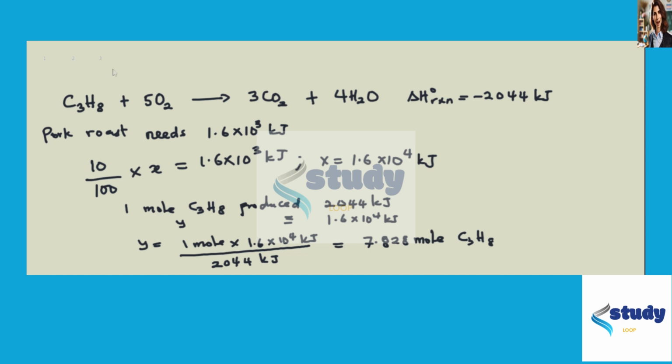But the question wants us to calculate the mass of CO2 that will be produced from the combustion of that amount of propane. We know that 7.828 mole of C3H8 would be needed, and from the equation, 1 mole of C3H8 will produce 3 moles of CO2.